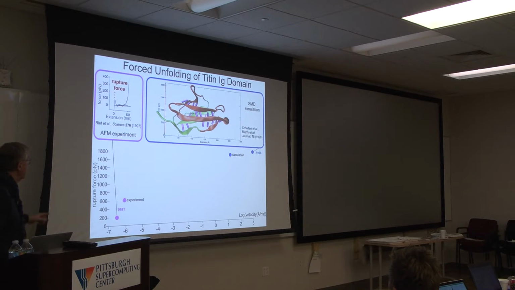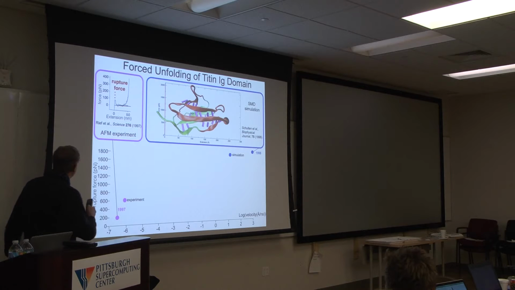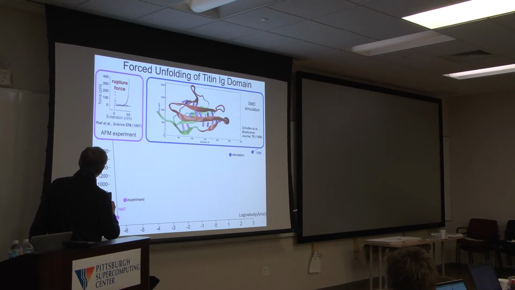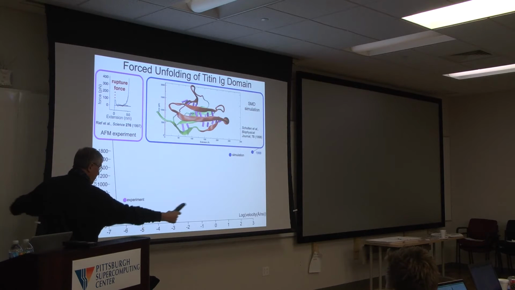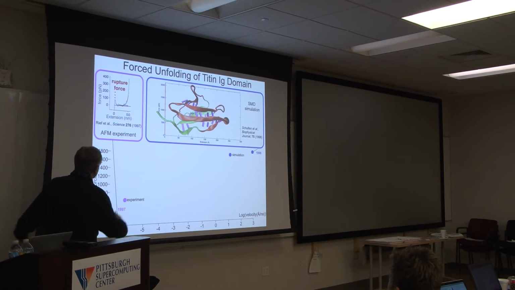Here you see the experiment. The experiment shows you that you have a peak, and then the force increases and then suddenly becomes smaller until, when it's totally stretched out, then it becomes large again, but then the protein is totally stretched. So that's trivial here, that's not interesting. Interesting is this feature here. Right at the beginning you're getting a peak.